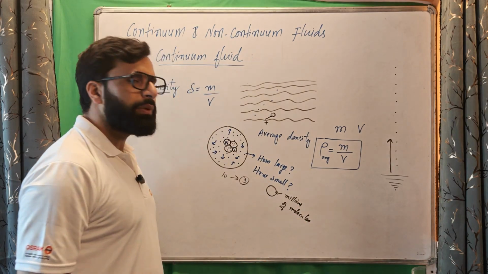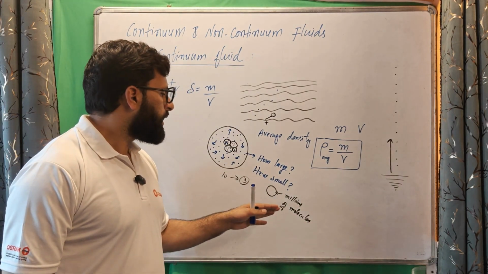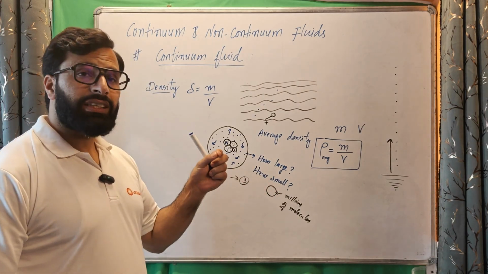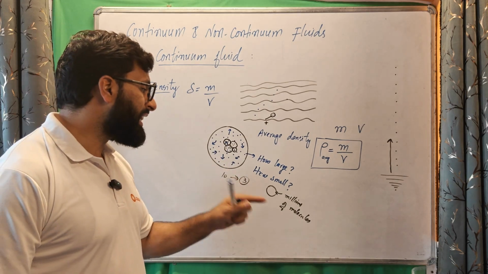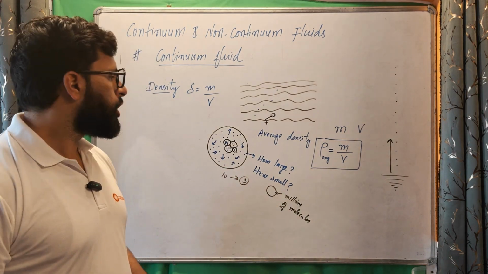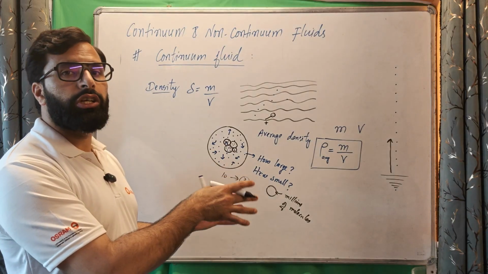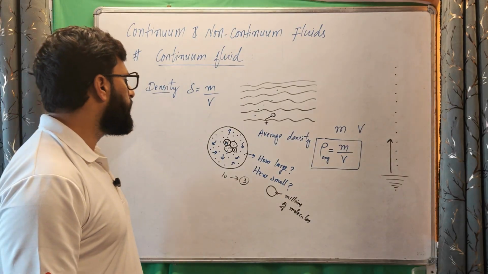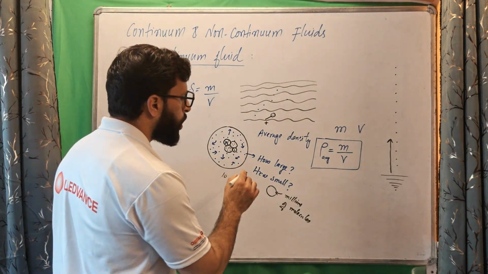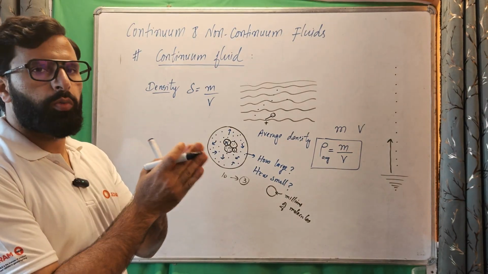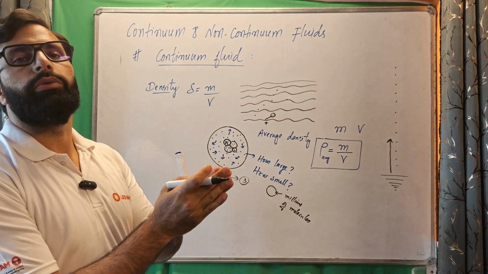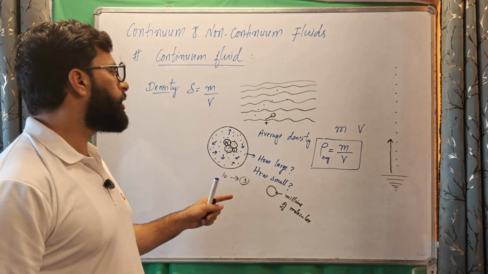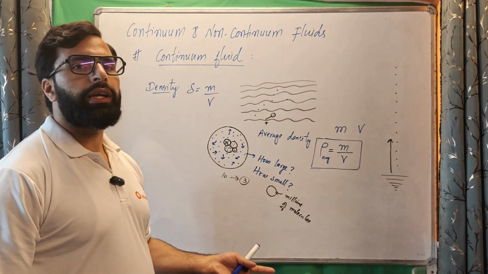Because if out of millions of molecules, per second, 10 or 100 or 1000 molecules go in or come out, that 1000 is very, very small, negligible as compared to millions of molecules. So that variation due to the randomness of the molecules will not be considered. So we know how small: it should be small enough to contain millions of molecules. That will take us out of the problem of randomness of the molecules coming out and going in.